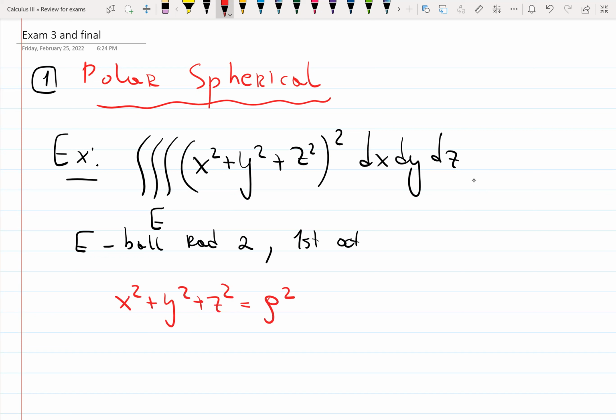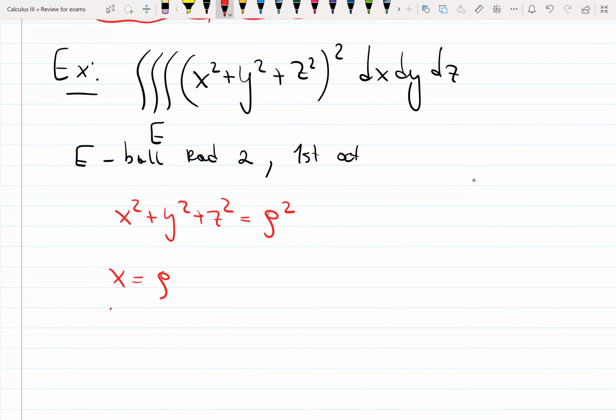Then x is rho. I remember it like this. It was hard to memorize these, so I will give you the hint how I memorized that. Rho cosine theta, rho sine theta. That is what we have from the polar part.